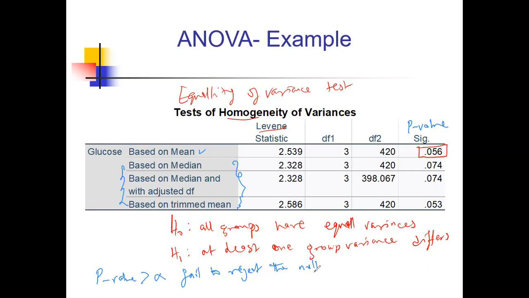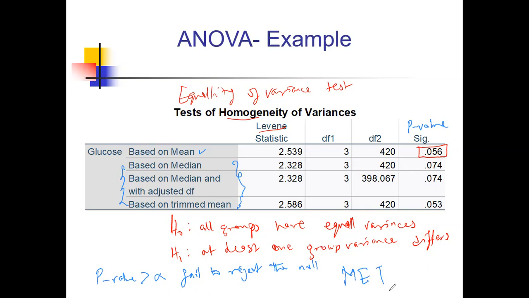You know what that implies? It implies that the variances are equal, because the null is the one that says the variances are equal, and the alternative says the variances are not equal. So if you fail to reject the null, the variances are equal, and if the variances are equal, then the assumption is met.